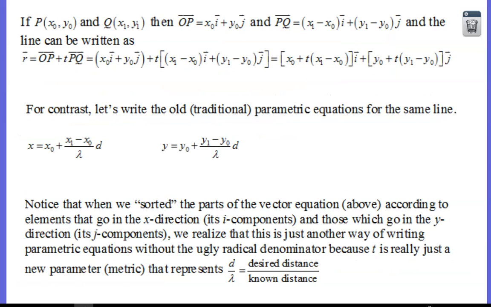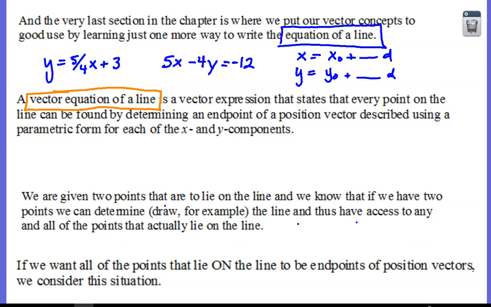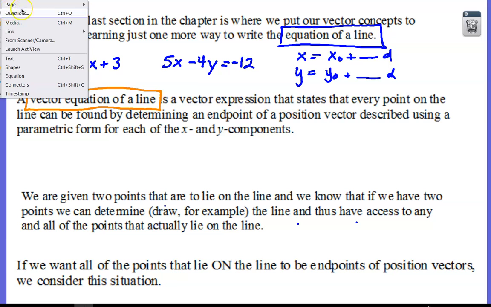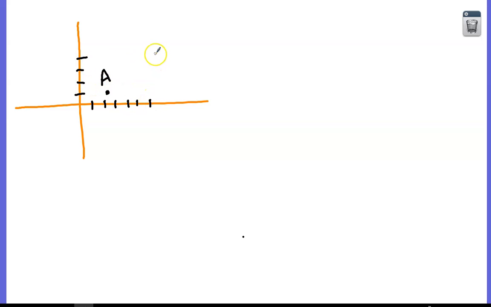All right, let me get a blank page here because for this, I really like to show it by building it. Okay, so let's start with a vector. I'm going to go out to (2, 1). We'll call that point A. And then I will go 1, 2, 3, 4, up 3, B. So point A was at (2, 1).